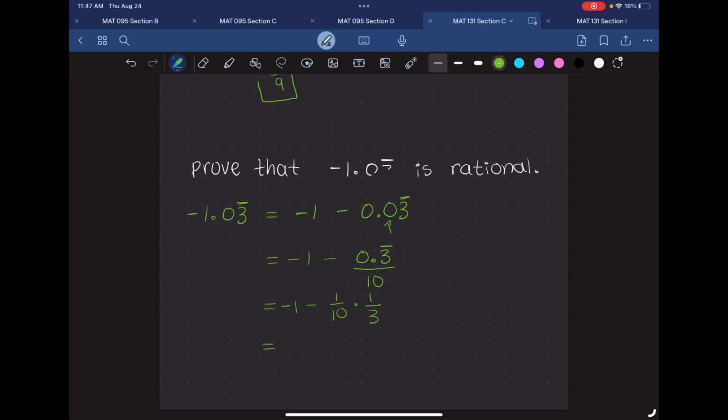Well, now I can just combine everything at this point. I have negative 1 minus 1 over 30, which is equal to negative 30 over 30 minus 1 over 30 gives me a negative 31 over 30. And if you type that into your calculator, you will in fact get negative 1.03 repeating.